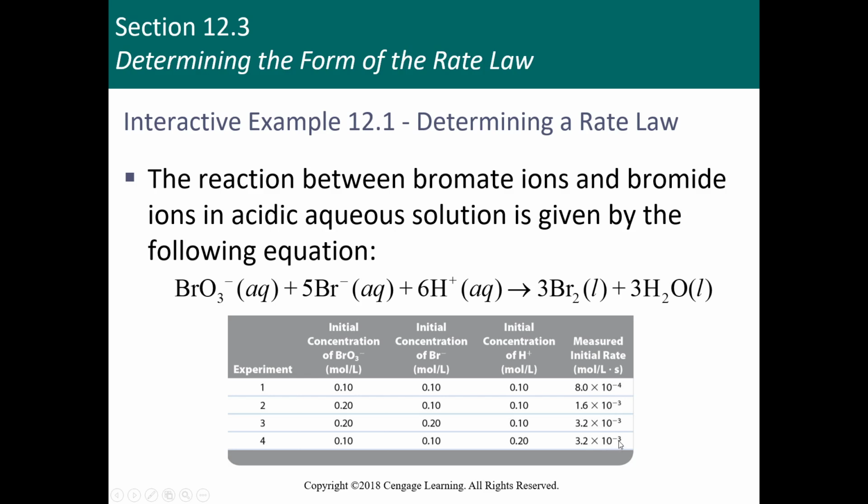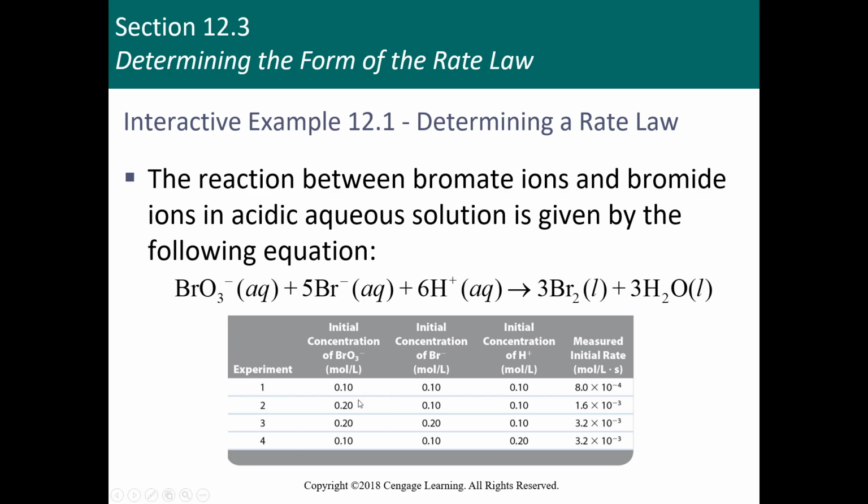And where am I getting this 32? Because 10 to the negative 3 is 10 times 10 to the negative 4, okay? Now, that means for doubling the concentration, we get 4 times the effect. Hey, what is 2 to the power of 2? Well, that's 4, isn't it? And so that is the order of 2. Doubling concentration would have 4 times the effect. That means it is second order with respect to H plus.